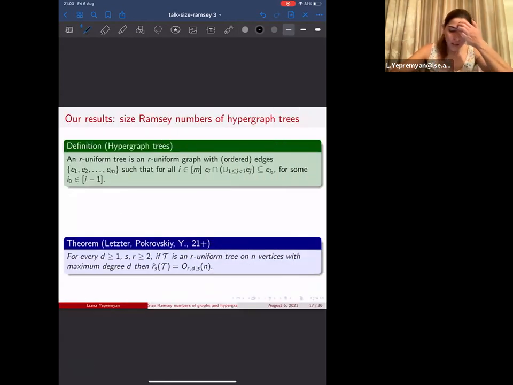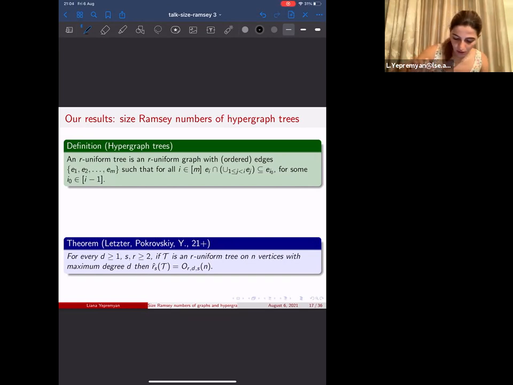In general, we actually proved that the size Ramsey number of hypergraph trees is also linear. You can define hypergraph trees in various ways; we are using the definition that Dudek et al. have used.